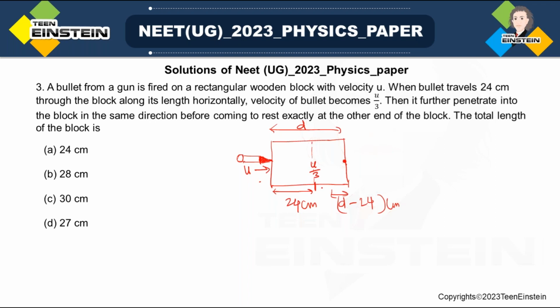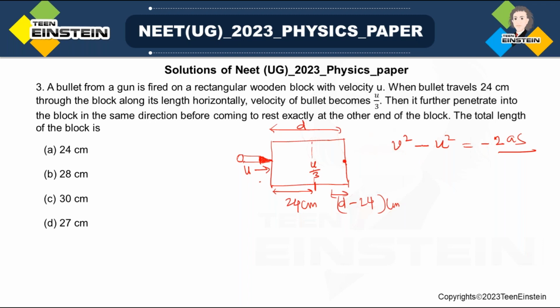So we have to find out what the deceleration is. We know the initial velocity, and we know the distance where the final velocity is obtained. So we can use the third equation of kinematics. So v square, the final velocity, equals u square, the initial velocity, minus 2as. This is not acceleration, this is deceleration, that's why I'm writing minus a.